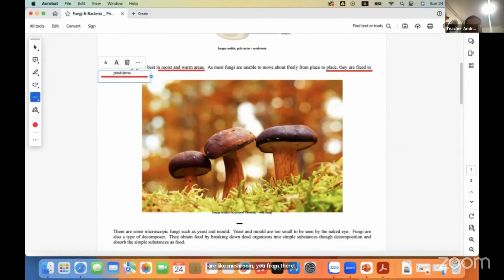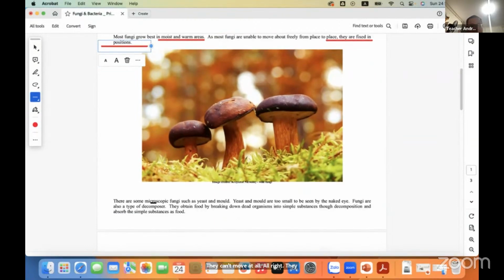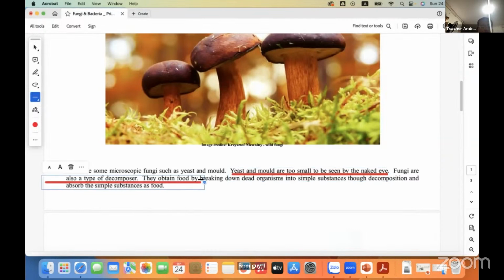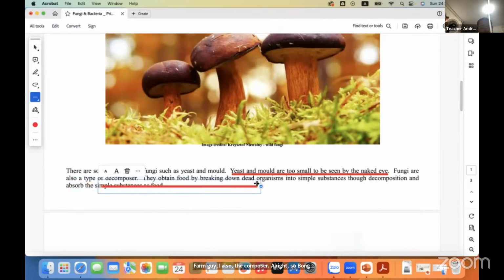There are some microscopic fungi such as yeast and mold. Yeast and mold are too small to be seen by the naked eye. So this is a point to remember. Fungi are also a type of decomposer.